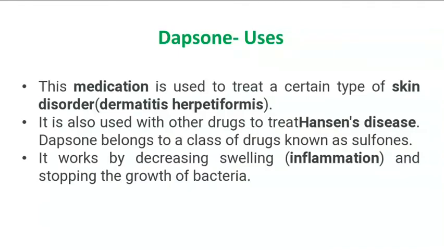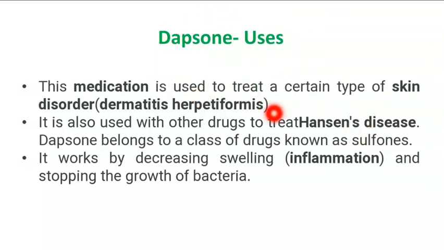Then what are the uses of dapsone? Basically, this medication is used to treat certain types of skin disorder, especially dermatitis herpetiformis. It is a skin disorder that you can treat with dapsone. Dapsone is also useful in the treatment of Hansen disease, which is known as leprosy.